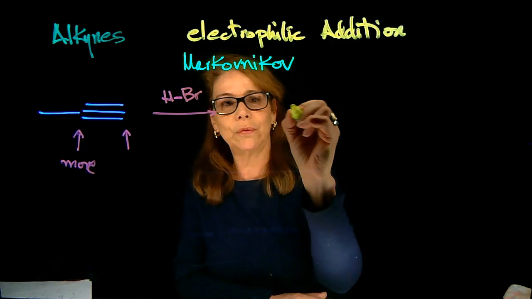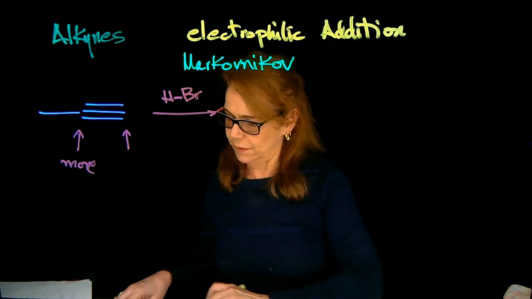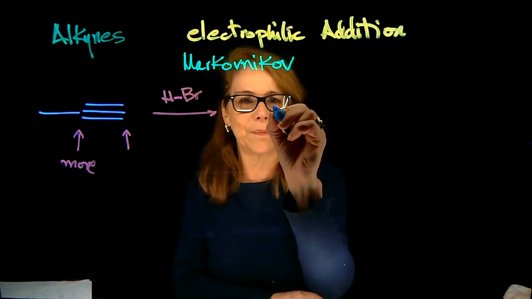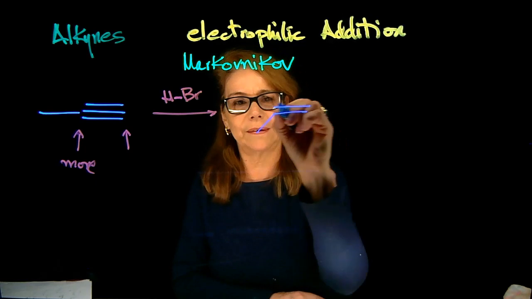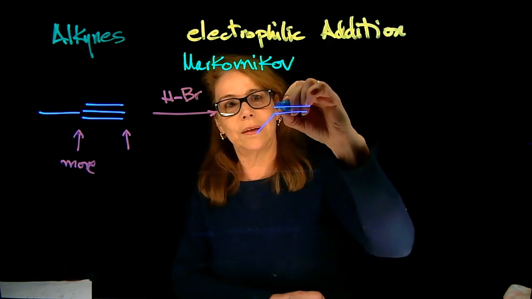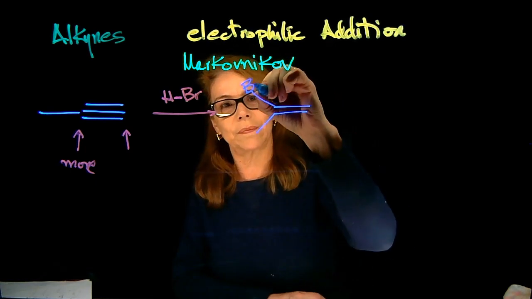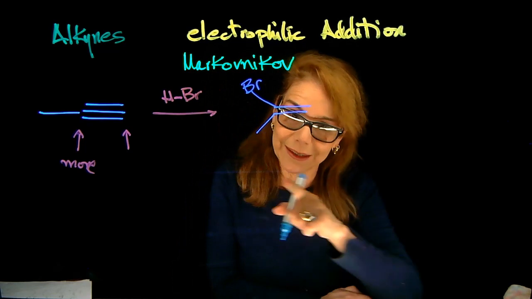So if the H gets added here, then the bromine gets added here. Now, that's an alkene.